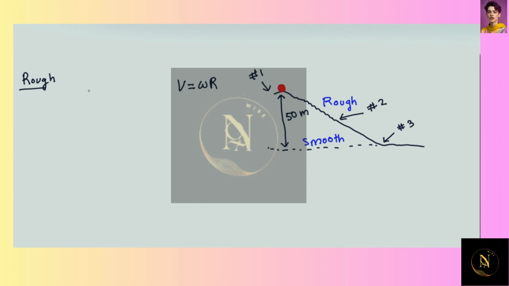For the kinetic energy, since the ball has translational as well as rotational motion, it will have a rotational and translational part: half mv squared plus half I omega squared. Also, since it's a uniform solid spherical boulder, we can write I as 2 over 5 mr squared.